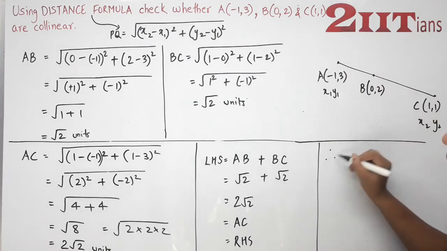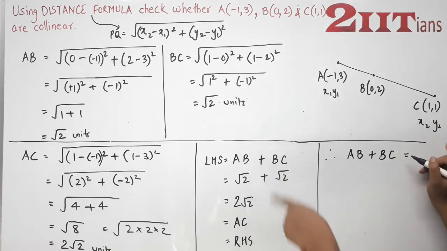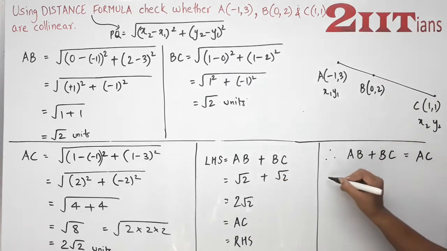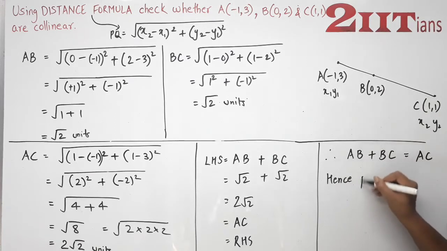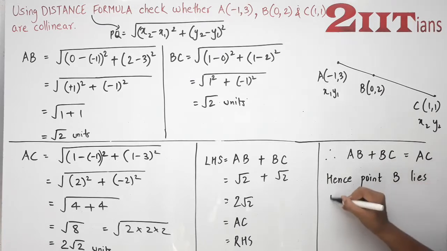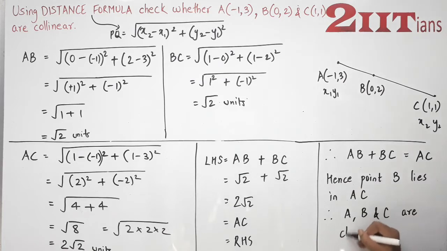Therefore, AB plus BC is the LHS and AC is the RHS. Hence, point B lies in AC. Therefore, points A, B and C are collinear. So this is the first method.